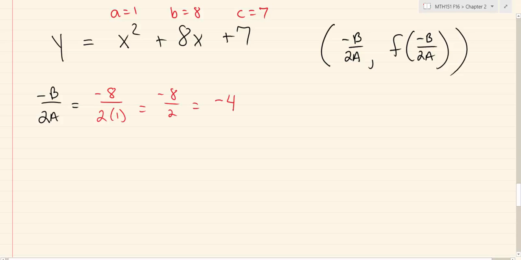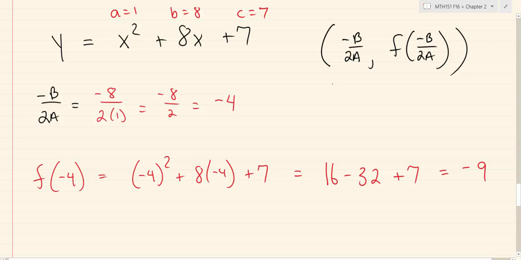So that is the x-coordinate of our vertex. What's the y-coordinate? Well, we need to find f of negative 4, which is negative 4 squared plus 8 times negative 4 plus 7, negative 9. So your x-coordinate is negative 4, and the y-coordinate is negative 9.